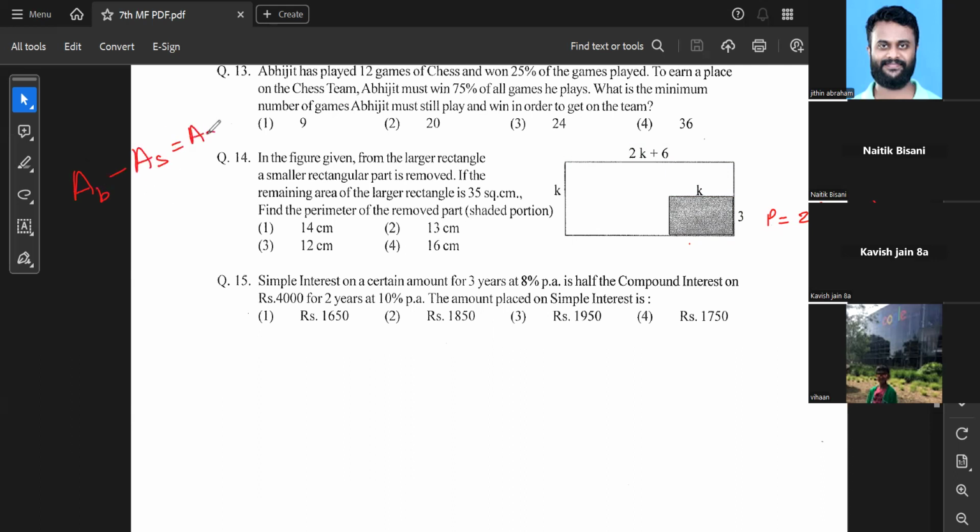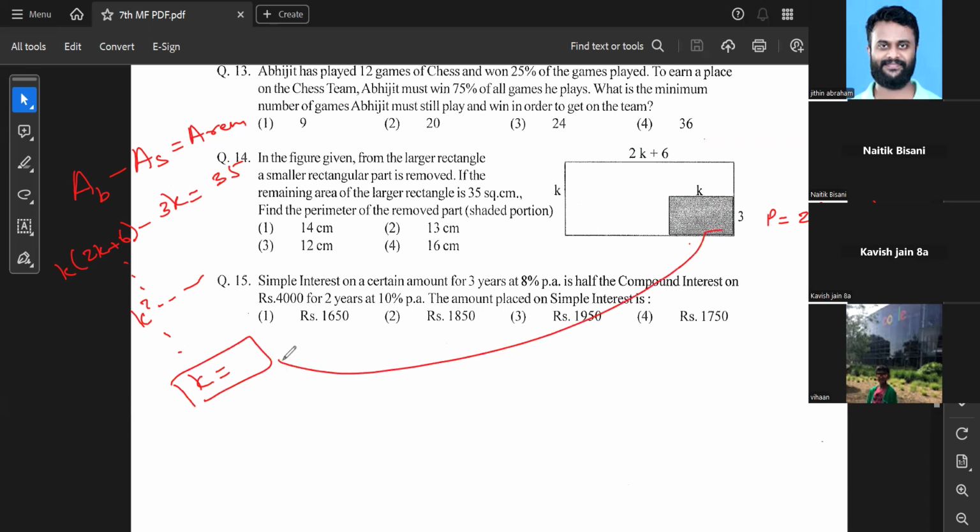The big area is length into breadth, which is k multiplied by 2k plus 6, minus the small area, k into 3, that is 3k, equal to the area of the remaining portion, given as 35. When you solve this, you will get a quadratic equation with k square. Solve and find k, and put its value here. That's when you get the perimeter. Okay, sir. Thank you.